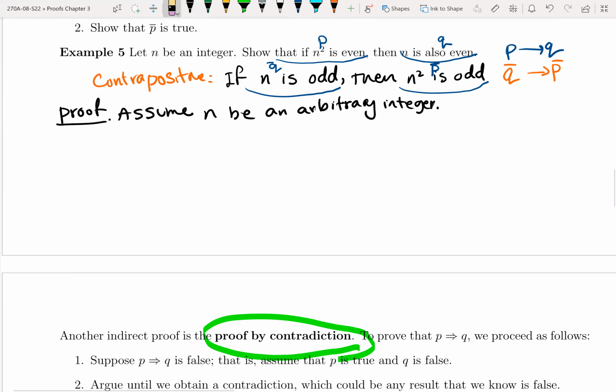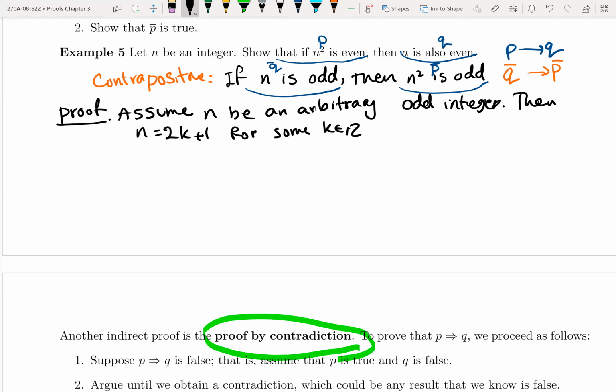Can I write arbitrary odd integer? Odd integer, sorry. So then, according to the definition of odd, n is 2k plus 1 for some integer k.